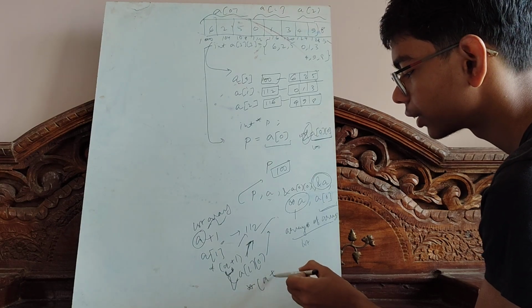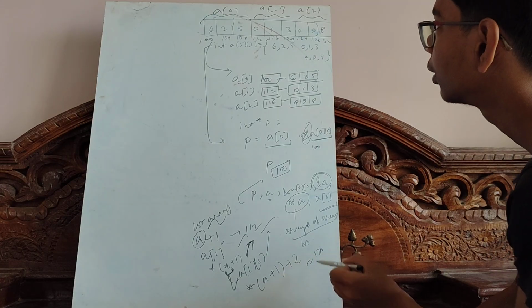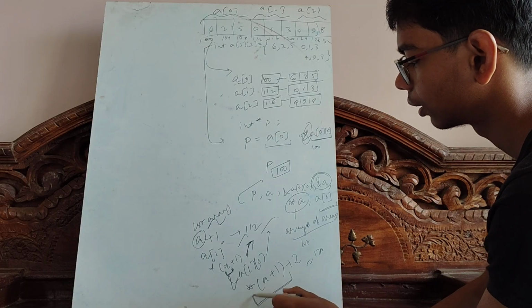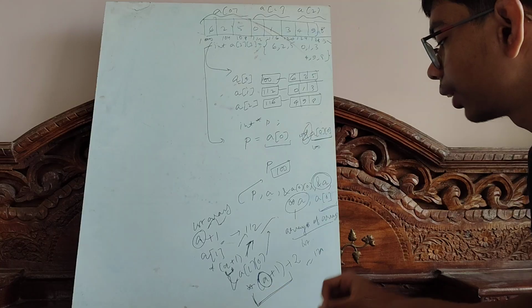Asterisk of a plus 1, plus 2. Now this will give me 120. How? Because this returned me the first array, right?